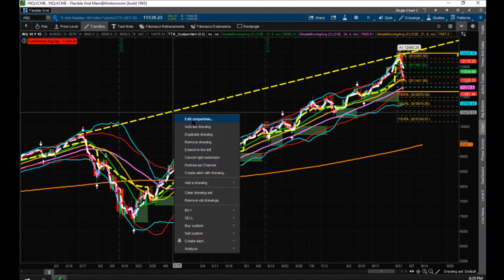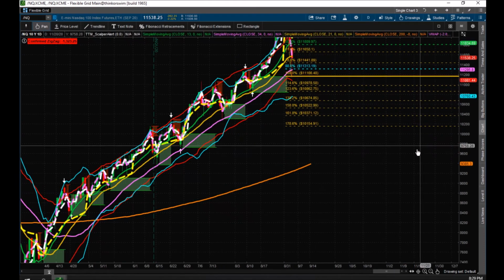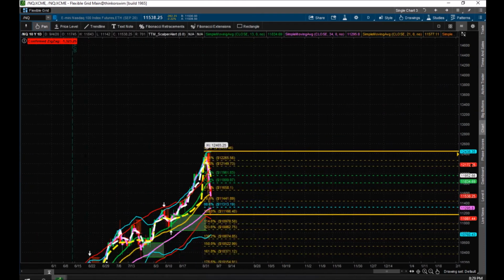They said it's supposed to have a bigger drop because of the megaphone.